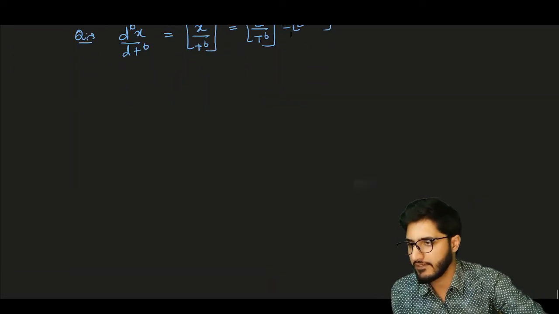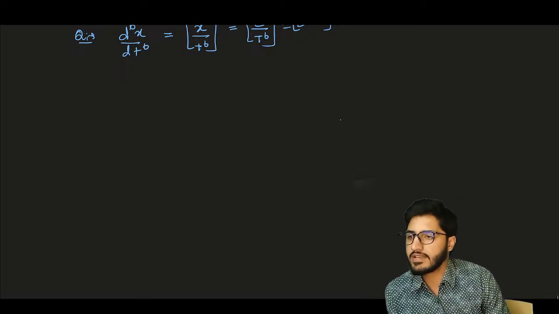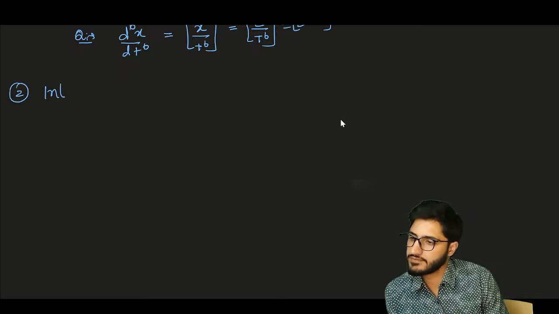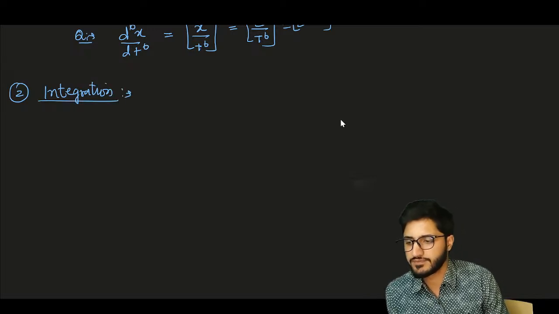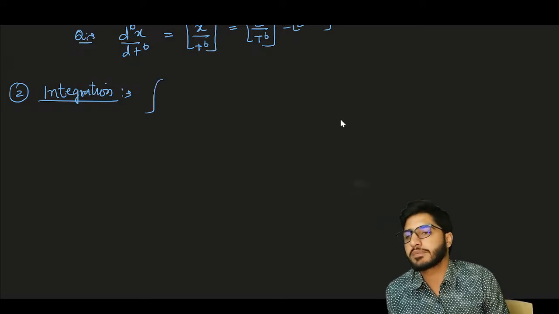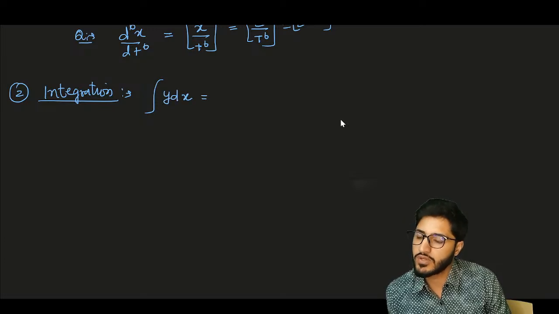Now we are having integration, the second thing. What is the representation of integration? It is y dx, integration of y with respect to dx. So the dimension is only yx.